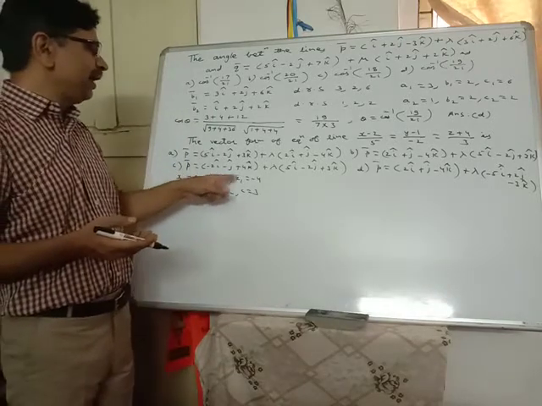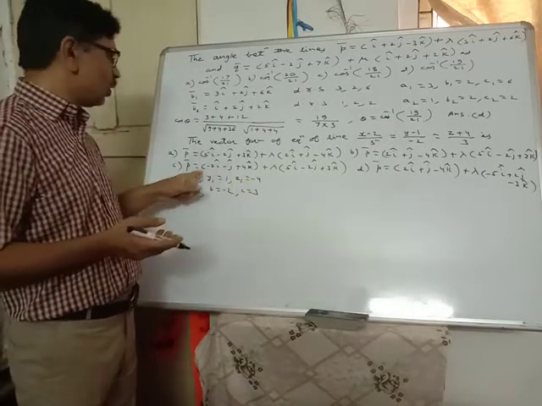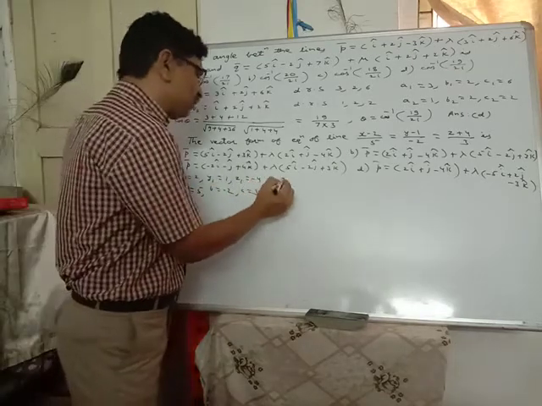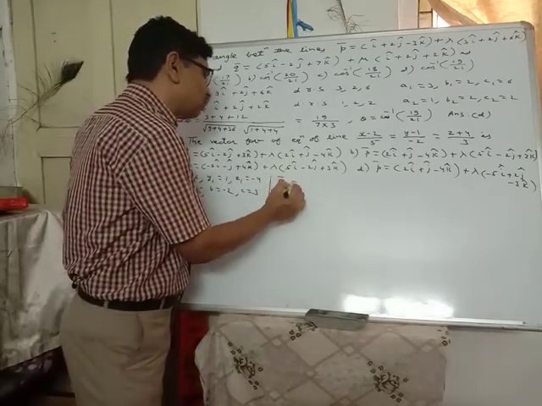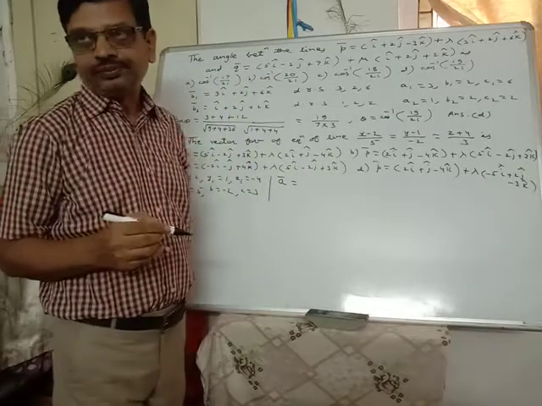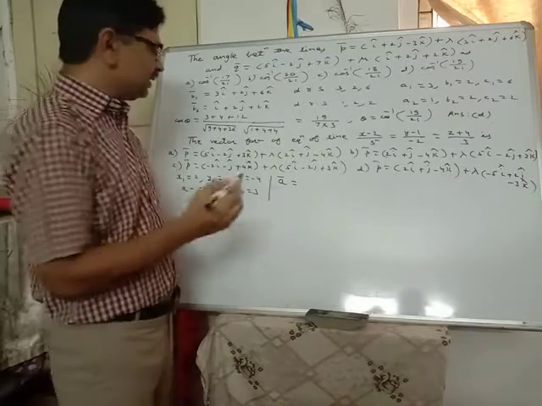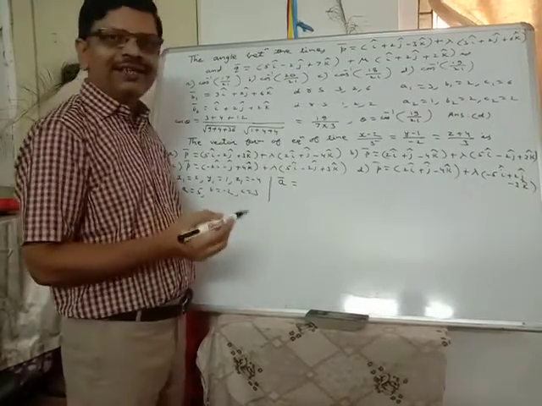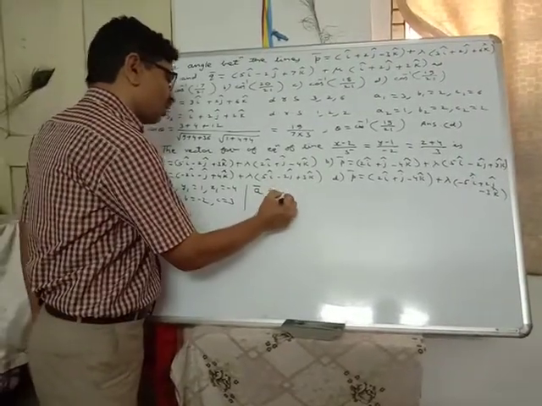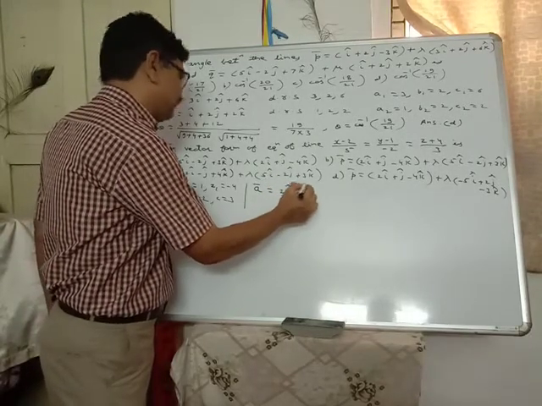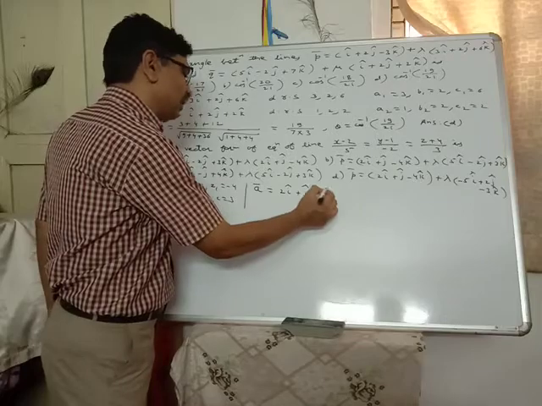Suppose this is point A, whose coordinates are 2, 1, minus 4. Its position vector we shall denote by small letter a bar. Coordinates of point become coefficients of unit vectors i, j, k: 2i plus j minus 4k.